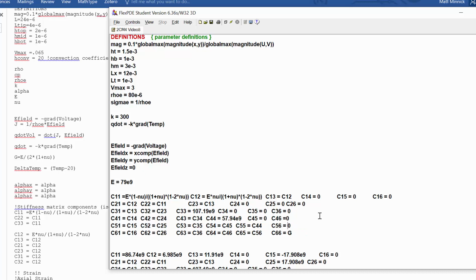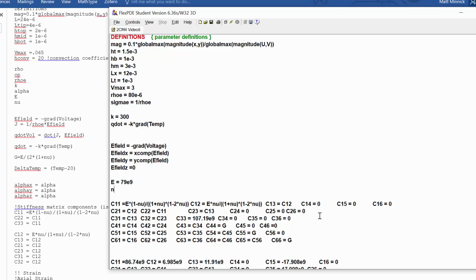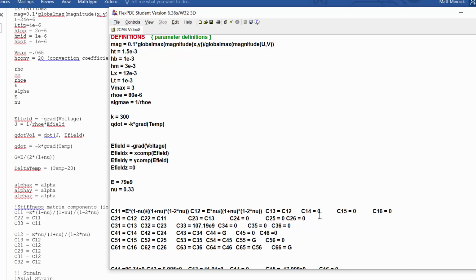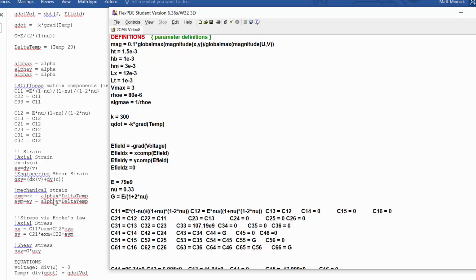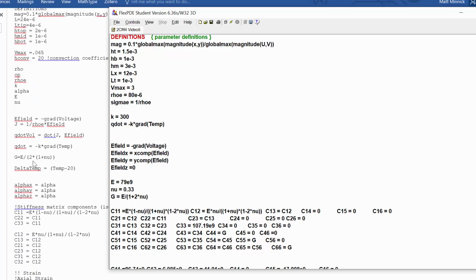And this is going to be G. This is G. This is G, where nu is maybe 0.33 and G is E over... Did I do that right? Oh, no. G is E over 2 times (1 plus nu).